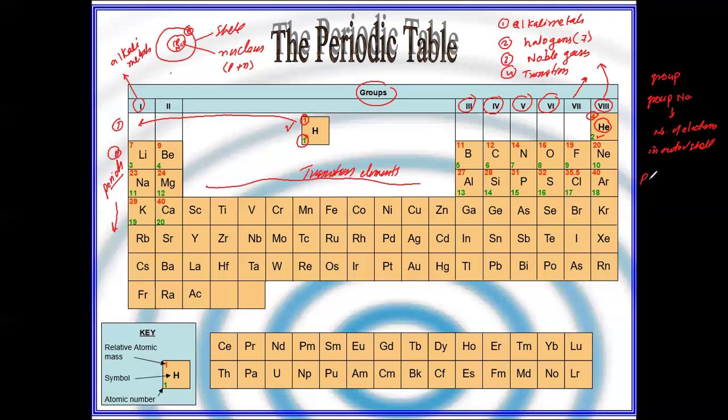When we are saying period number, the difference is there between periods and period number. Don't confuse yourself. Period number basically is the number of shells required to accommodate electrons.